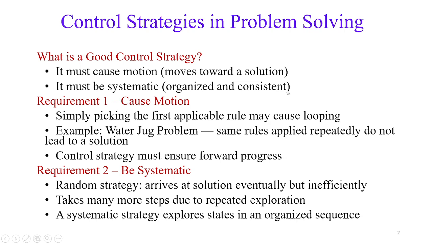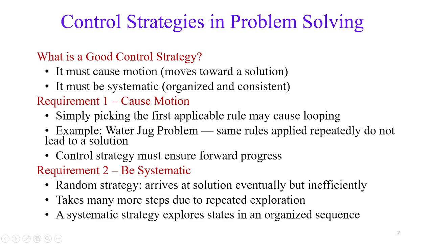Imagine you're trying to solve a maze. The control strategy is a set of rules guiding your decision at every step. Whether you have to turn left, what you have to explore next, whether it is going to be a deep path, or whether you follow your instincts. What kind of strategy are you going to use?